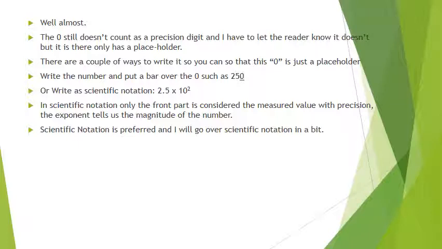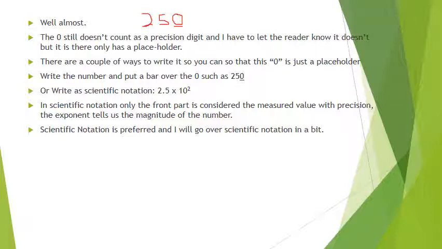Well, 0 still doesn't count as a precision digit in this case. If I wrote down 250, and I didn't tell you where I got that scale, you wouldn't know if this 0 is real.